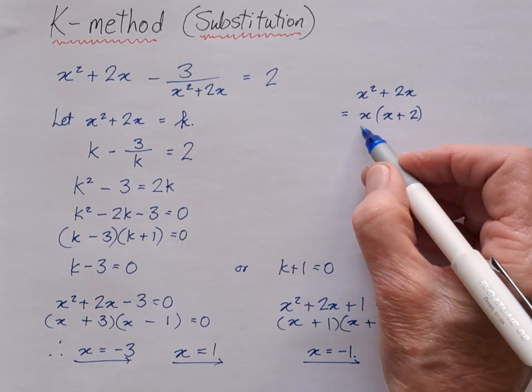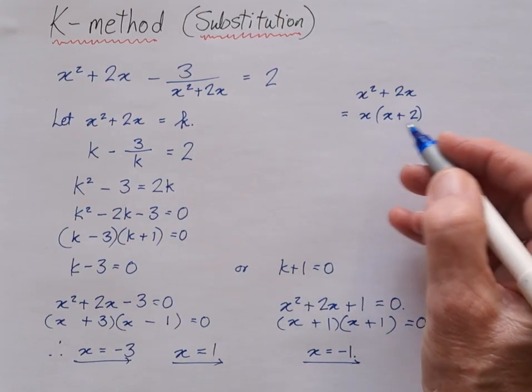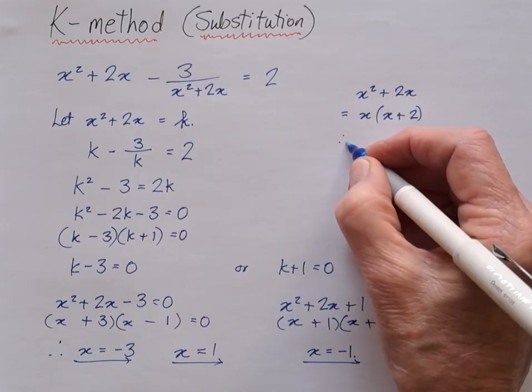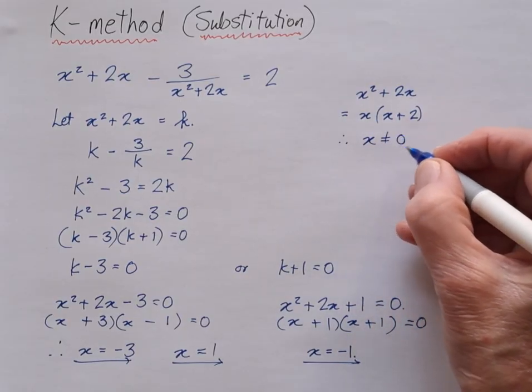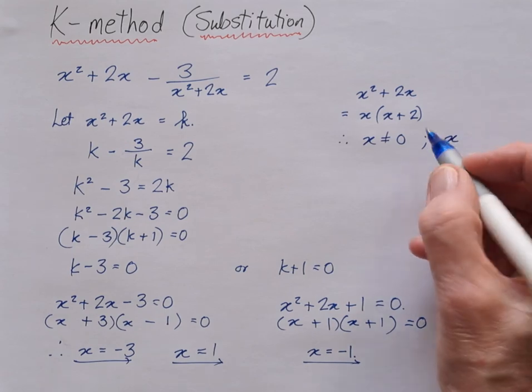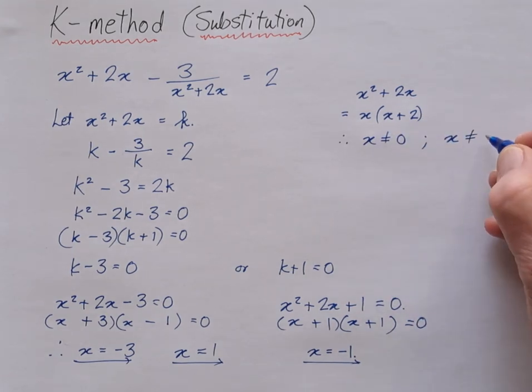So I can't have either of those being equal to 0. Therefore, x itself may not be equal to 0, and the other thing that would make the bracket equal to 0 would be negative 2. So x also cannot be equal to negative 2.